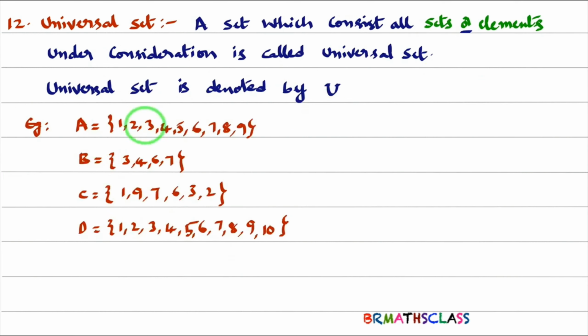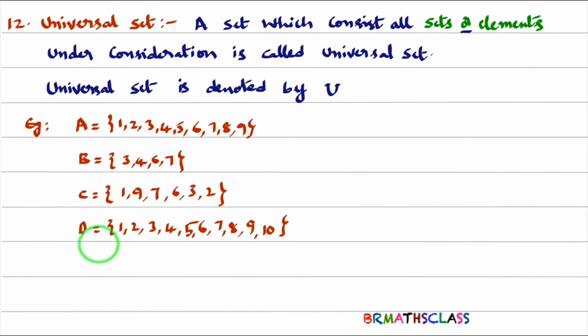You observe here, 4 sets are there. Set A contains elements from 1 to 9. Set B: 3, 4, 6, 7. Set C: 1, 9, 7, 6, 3, 2. Set D: 1, 2, 3, 4, 5, 6, 7, 8, 9, 10. You observe here, we consider 4 sets. Under this consideration, a set which consists of all the elements or all the sets under consideration is known as the universal set.